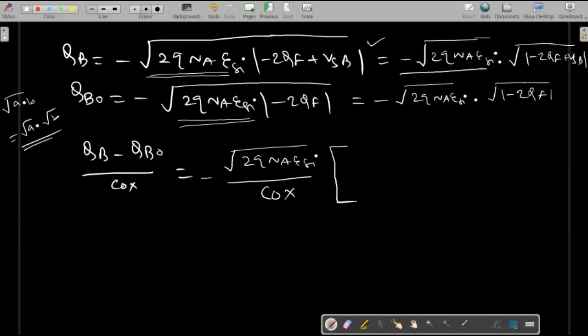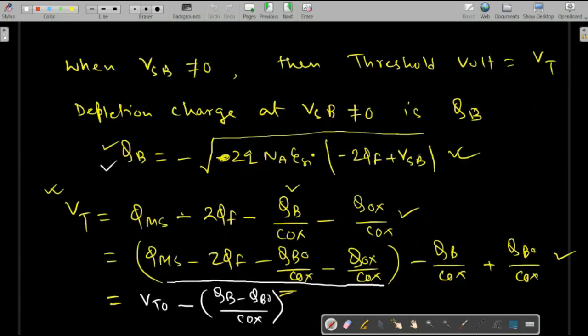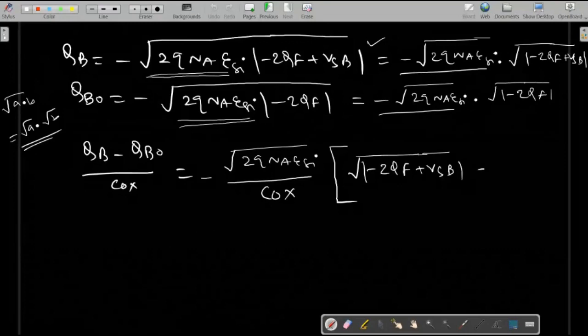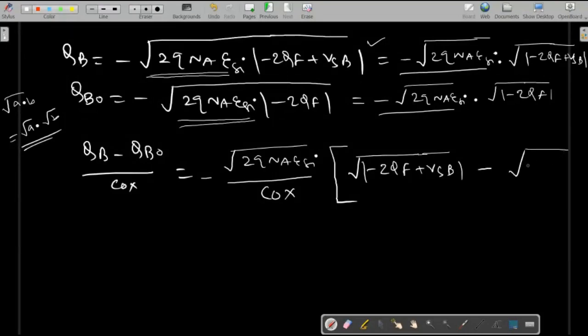So I am taking the first one common, minus root of 2QNA epsilon SI by COX is there. So it is coming root of minus 2 phi F plus VSB, minus root of minus 2 phi F. Check whether I can write it in this way or not.